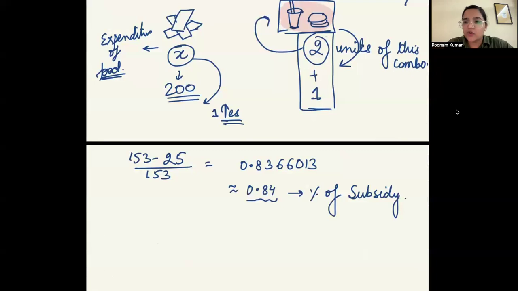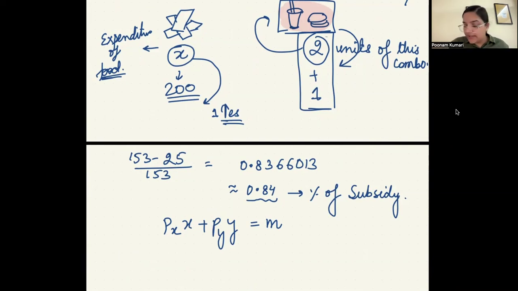So what is my budget line usually? PX X plus PY Y is equal to M. That's what it is, right? If a subsidy applies, what happens? 1 minus sigma.